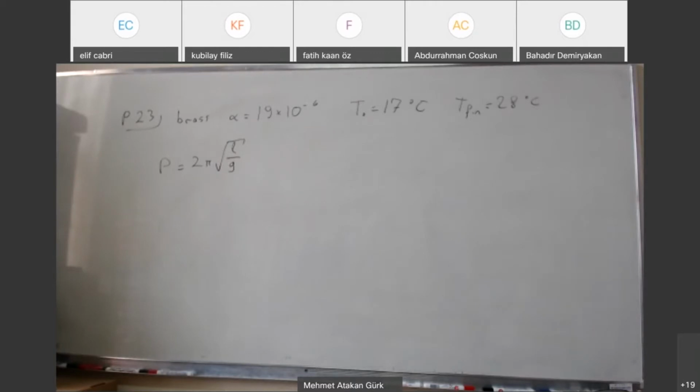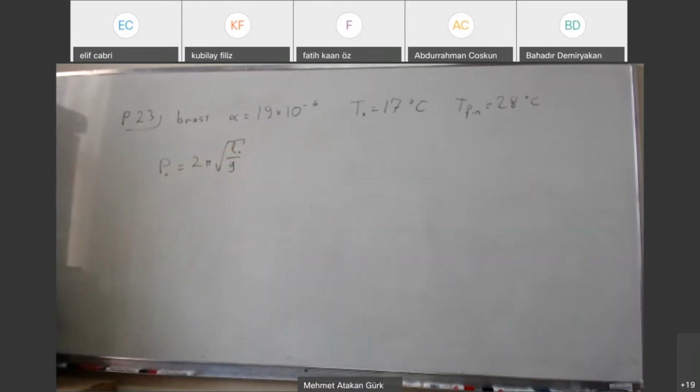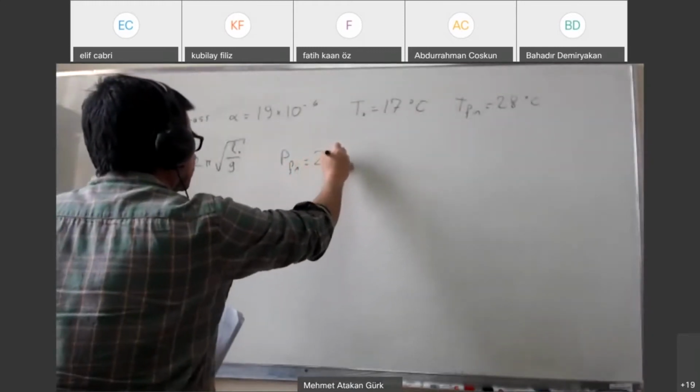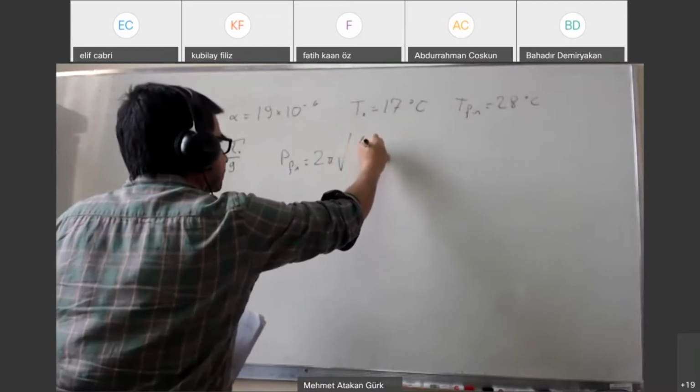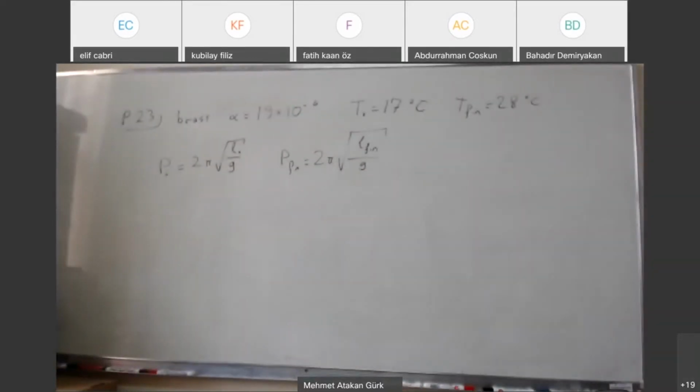Originally we had P naught equal to 2 pi times square root of L naught divided by g, our original length, and then this length changes, and we're going to have a different period, and we want to see by how much this changes.